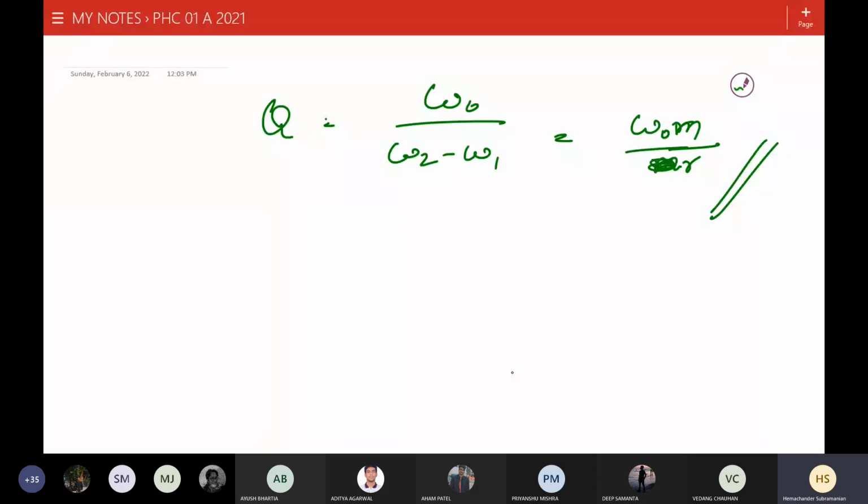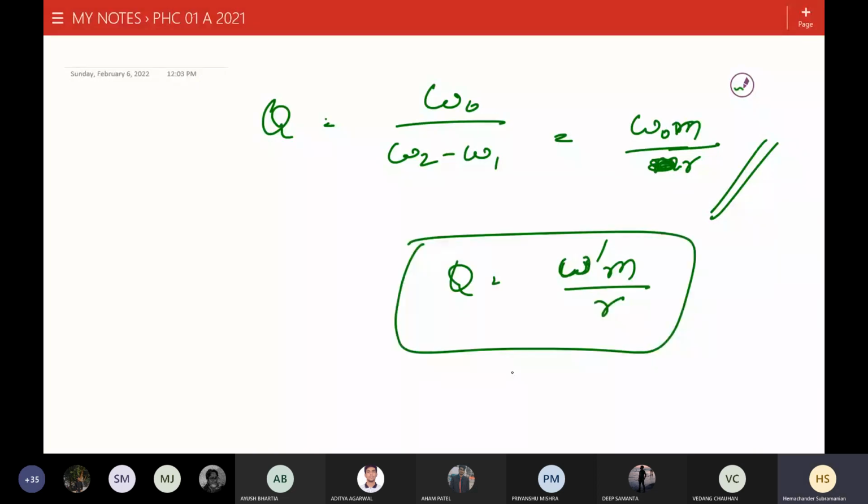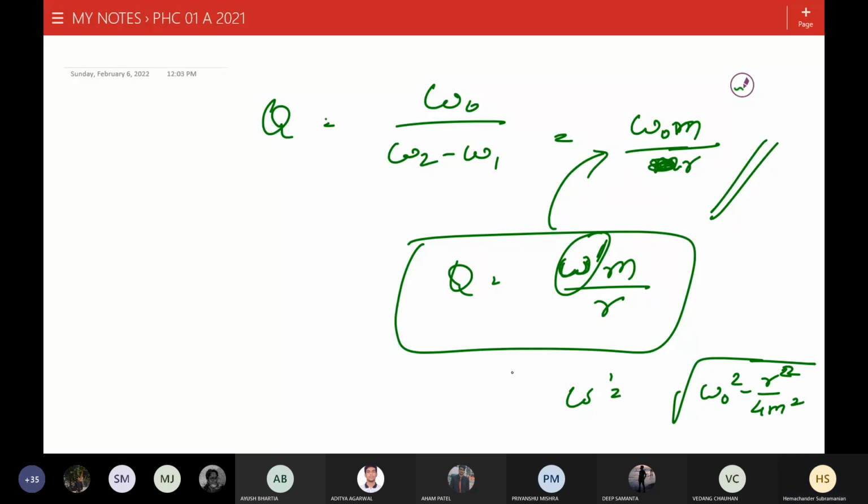We derived omega prime, M over R, by the energy method. You remember omega prime is the square root of omega naught squared minus R squared over M squared, something like that. When R is small, this can go to that.